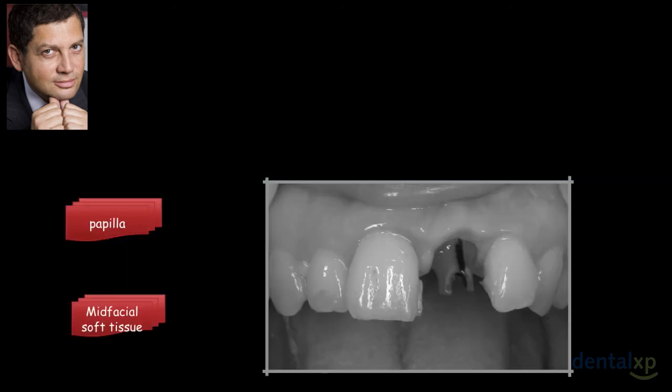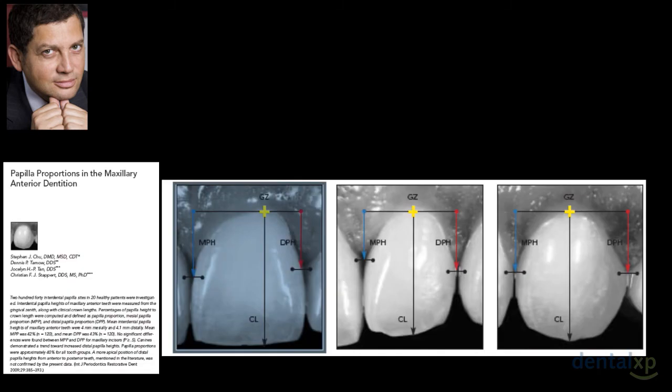Then this abutment is tried in the patient's mouth, and we can observe the same reactions at the soft tissue level as we had with the try-in. This is also at the level of the papilla, but also at the level of the midfacial soft tissue.